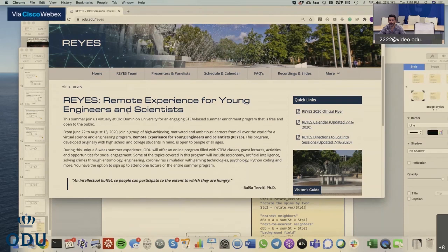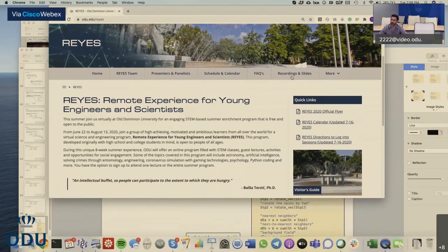And really our goal in REYES and here at ODU, I mean, we work a lot on outreach and trying to encourage people to gain the tools to get involved in the sciences. And so our goal is to make as much scientific content available for you to learn at your own pace, and for you to be able to hear about different research outlines and perhaps get to meet people that could be future mentors of yours.